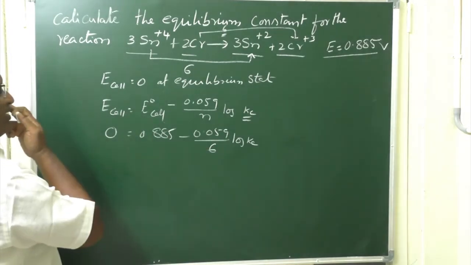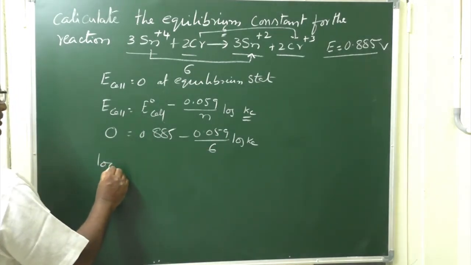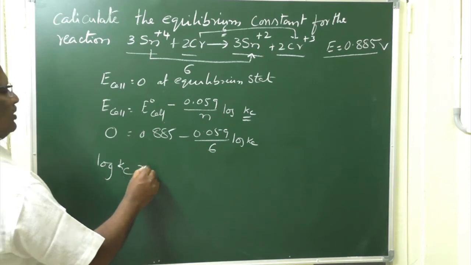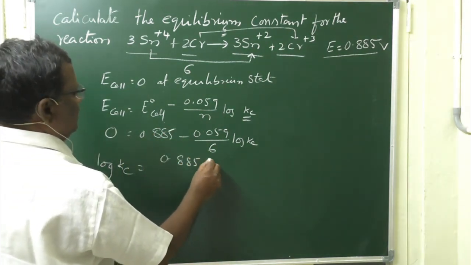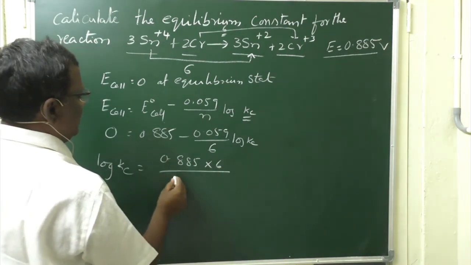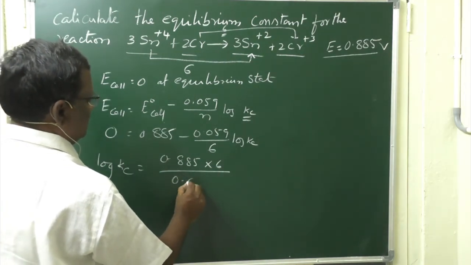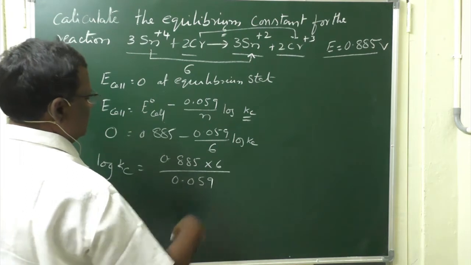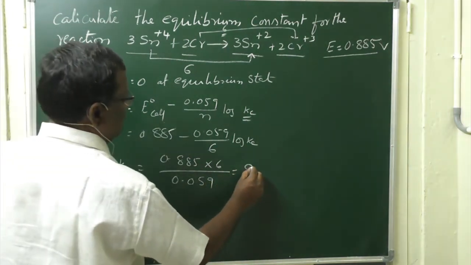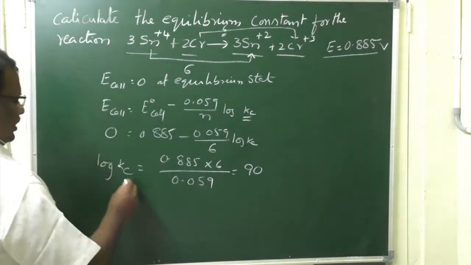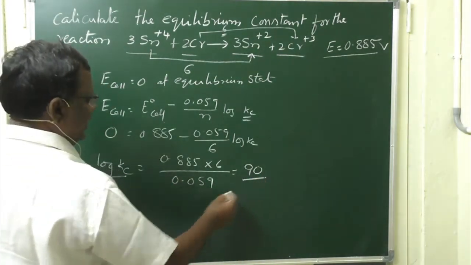Now we can write it as log Kc is equal to 0.885 into 6 by 0.059. It was approximately 90. Log Kc is equal to 90.